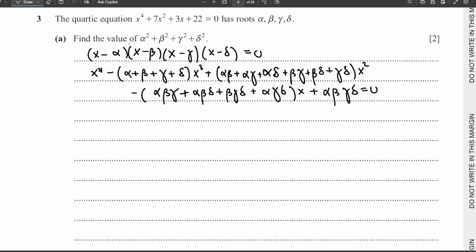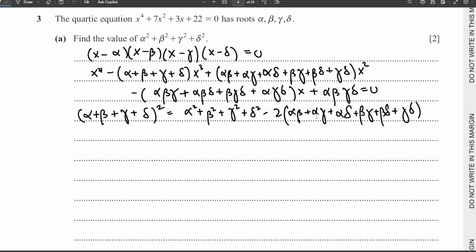To find the sum of the squares here, we can use the relation that you would also have learned related to these roots, which is that you take all the roots summed together and then square it. I'm just going to write the result, but you can try and expand it on your own.